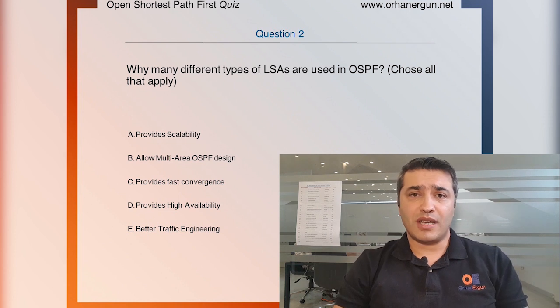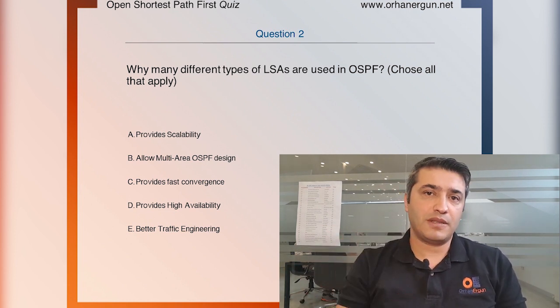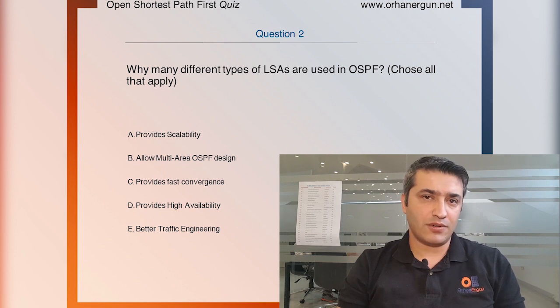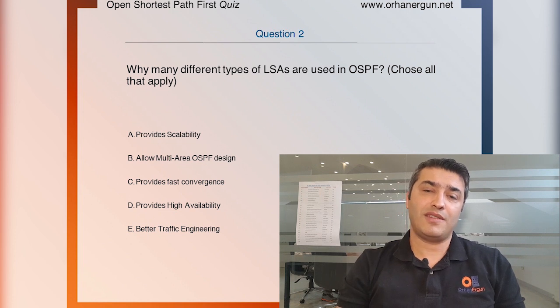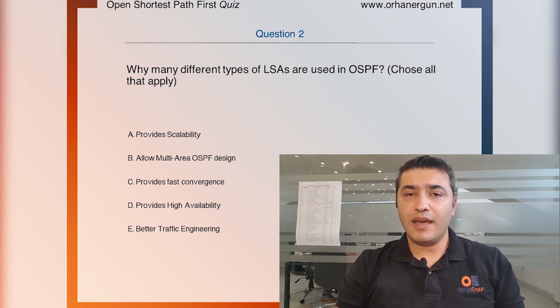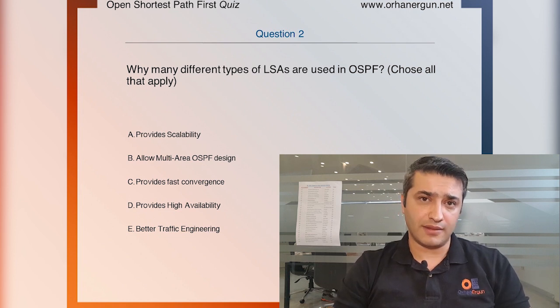But maximum type 1, type 2 LSAs, of course, if there is redistribution, there might be type 5 LSA as well for the external destinations. Other than that, normally you don't have type 3 LSA, you don't have type 4 LSA in just a single area OSPF design. So why do we have them? Because we want to have a multi-area OSPF design. Why? For scalability. We talked about OSPF scalability during the session.